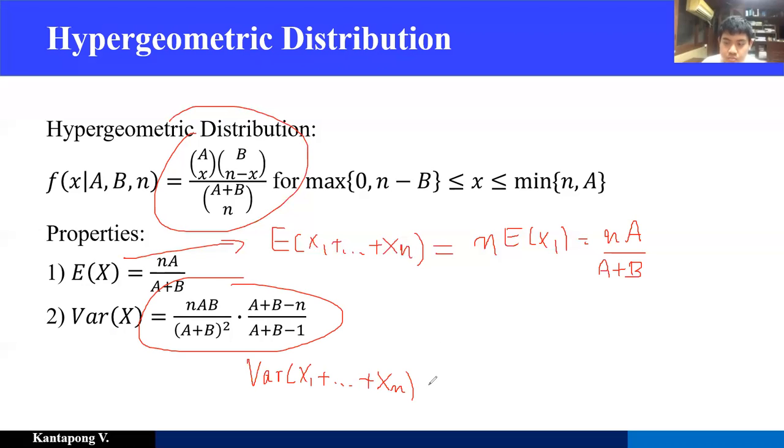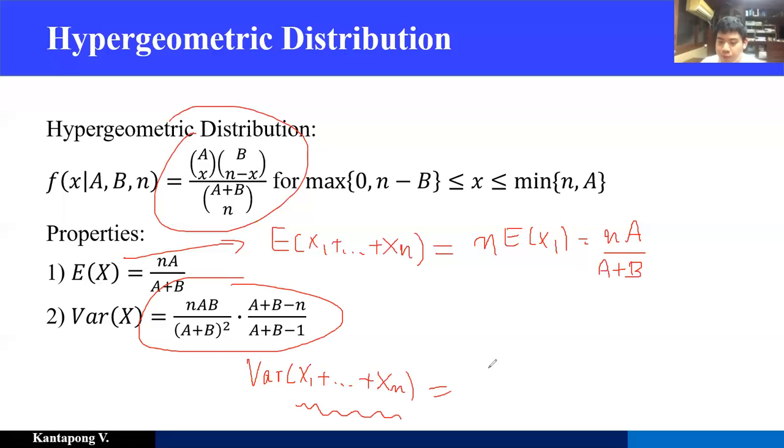Because, remember, we cannot write something like n times each term of the variance. The thing that we should do is to sum all of this and take the variance of the sum together. We cannot separate the sum.